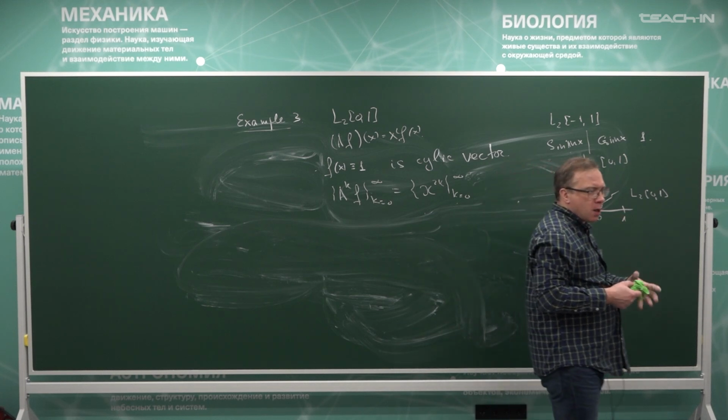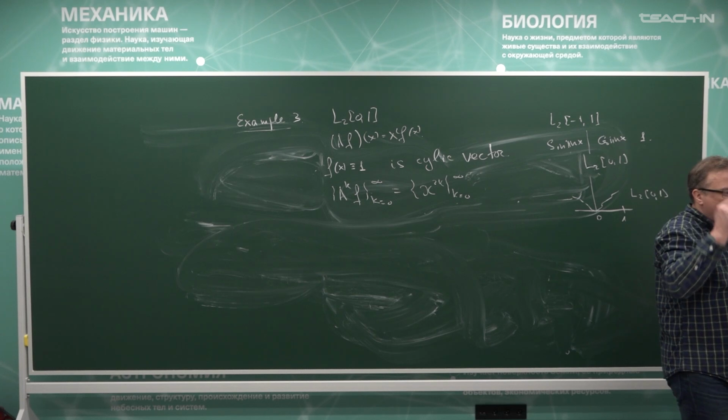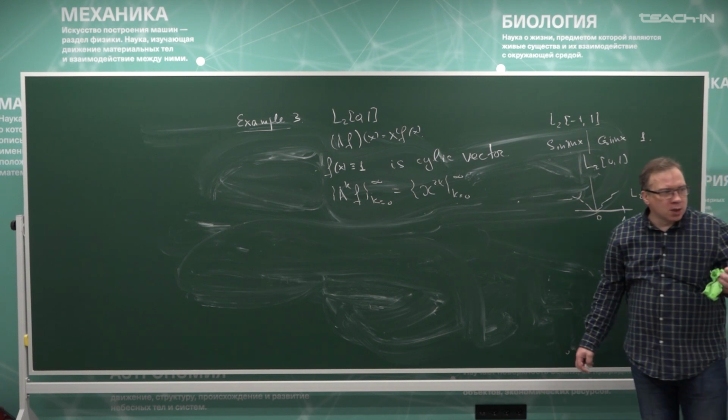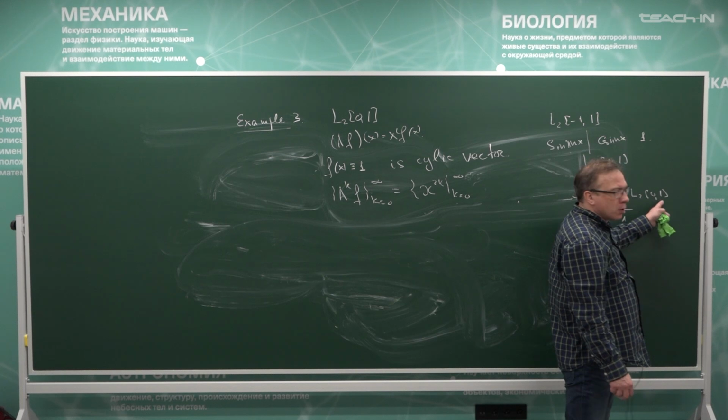Taylor representation of the cosine function has only even powers. So even powers are dense. Linear combinations of even powers are dense in L2 on 0, 1.